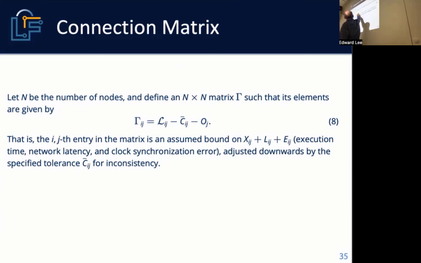And this actually just cancels out the processing offset that shows up in this apparent latency. So the sum here, Lij minus Oj, is the sum of execution time, network latency, and clock synchronization. Those three things. So that gets subtracted, and you subtract from that your tolerance for inconsistency.